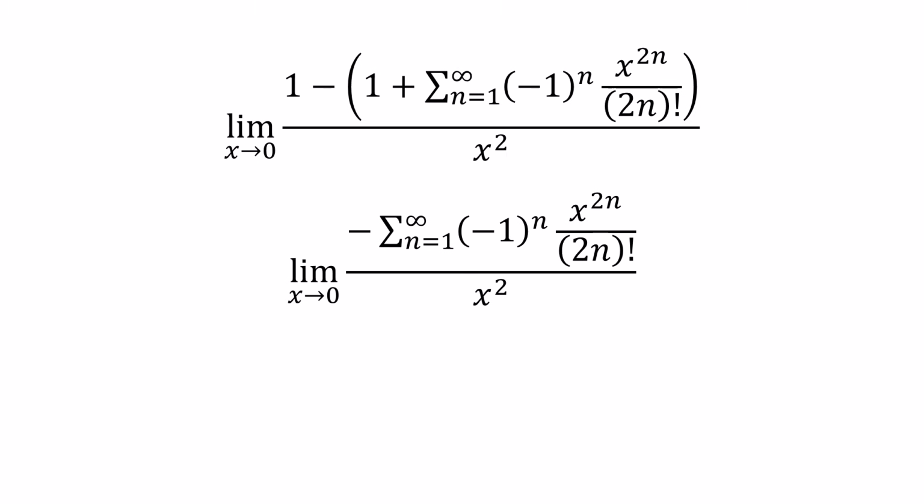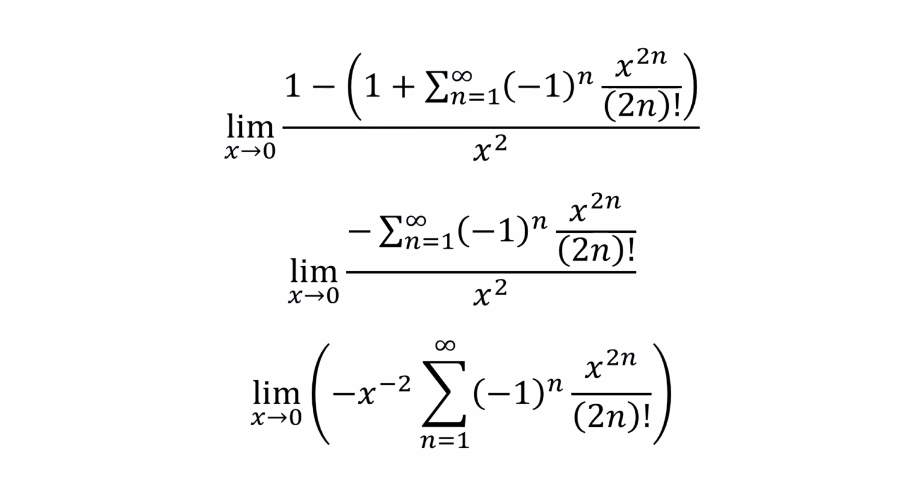Rewriting x squared using negative exponents, we obtain the limit as x approaches 0 of minus x to the negative 2 times the summation from n equals 1 to infinity of negative 1 to the n, x to the 2n over 2n factorial.